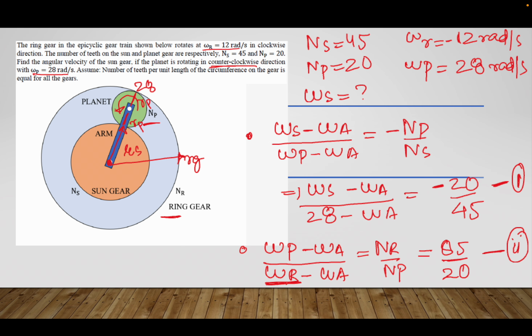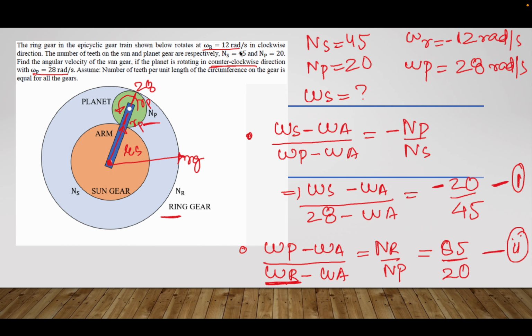The next question is based on an epicyclic gear train. Here you can see we have a planet gear, a ring gear and a sun gear. The question is: the ring gear in the epicyclic gear train shown below rotates at omega r equal to 12 radians per second in clockwise direction.